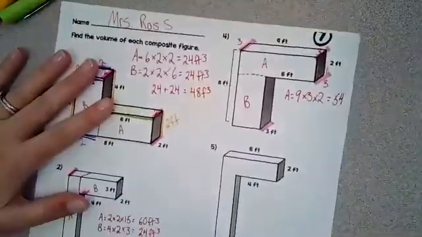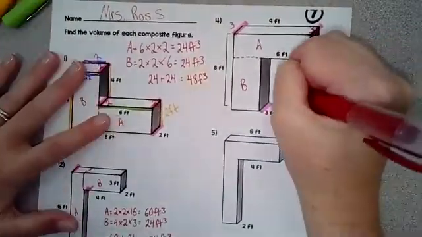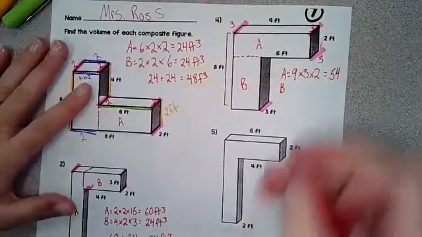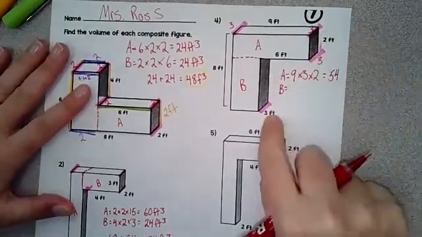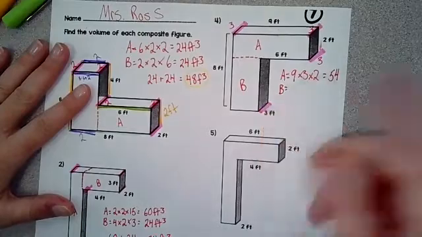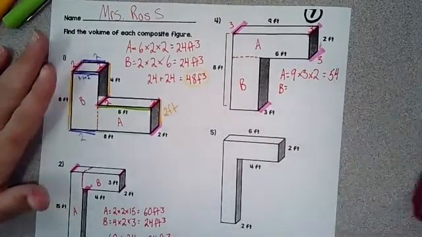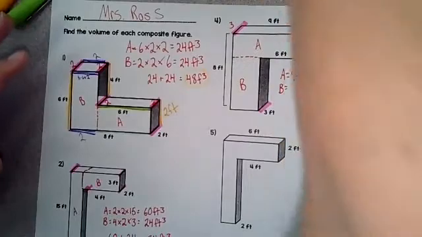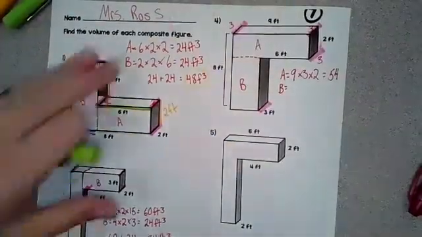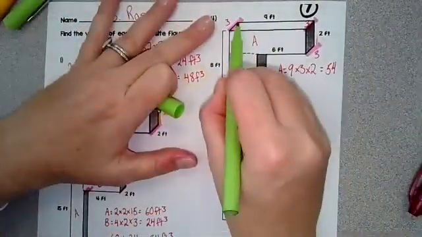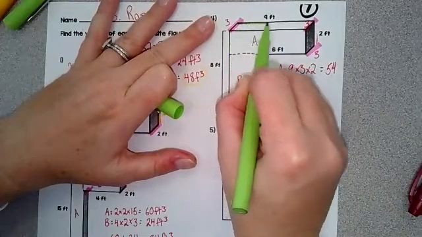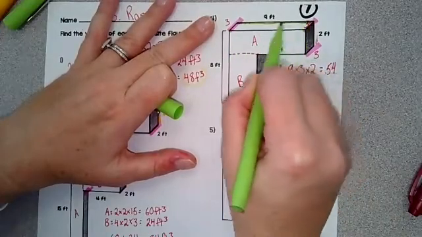Okay, now let's talk about box B. Box B is a whole other thing because for box B, I've only got the width. All right, so I've got to figure out all the other measurements. So watch this. The length of the entire figure is 9.